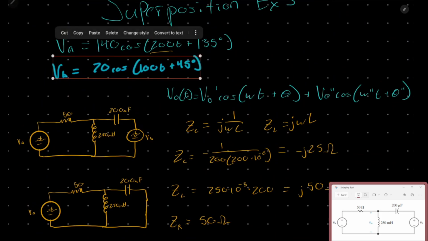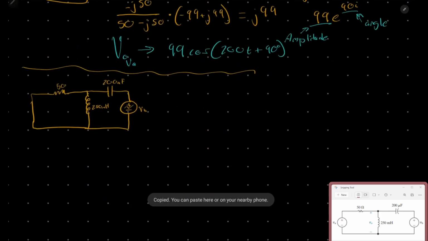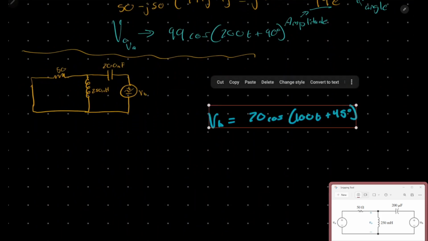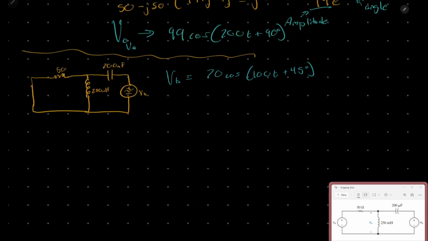So to make things easier for me, I'm just going to copy this and put it down here. And that is our sinusoidal voltage source.